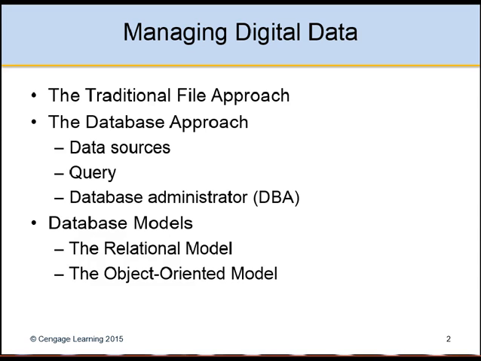The traditional file approach is where there is no mechanism for tagging, retrieving, or manipulating data. The database approach provides a powerful mechanism for managing and manipulating data. Some of the shortcomings of the traditional approach are the dependency between a program and the data.